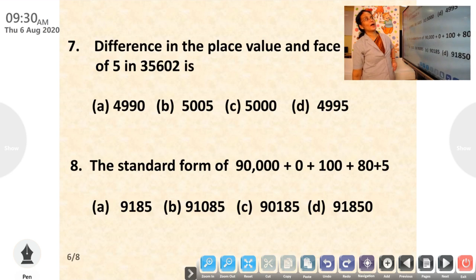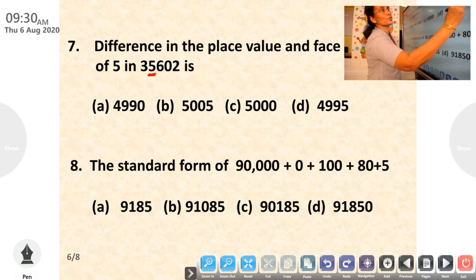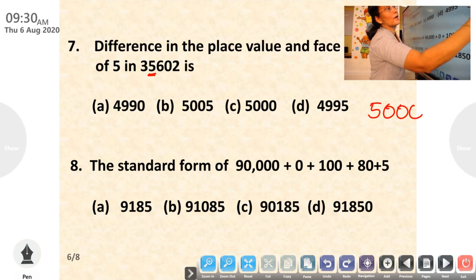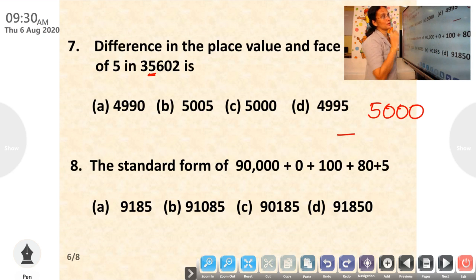Now, moving on to question number 7. Difference in the place value and face value of 5 in 35,602. See, this 5 is in which place? 5 is in the thousands place. So what is the place value of 5? Place value of 5 is 5,000. Difference means minus. 5,000 minus the face value.